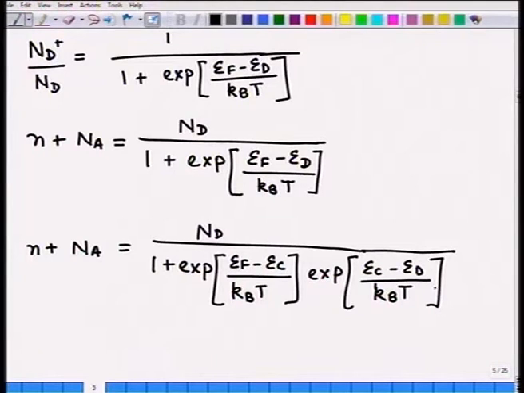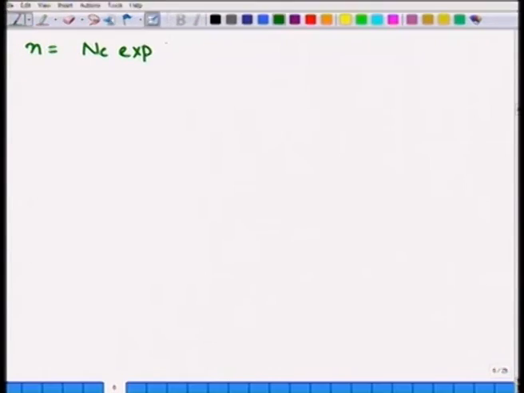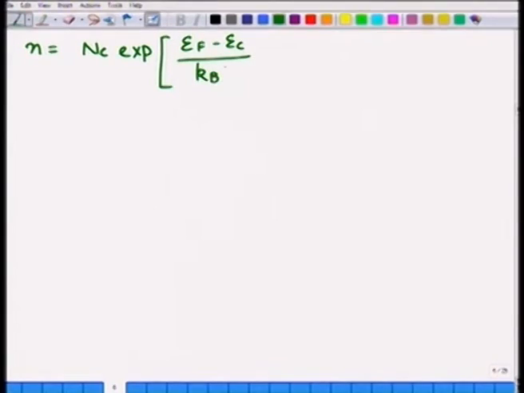Now, you will recognize what this quantity is. This Ef minus Ec is a factor which appears in N also. So I will use this expression in here, remember N is equal to Nc times e to the power Ef minus Ec by kBT.